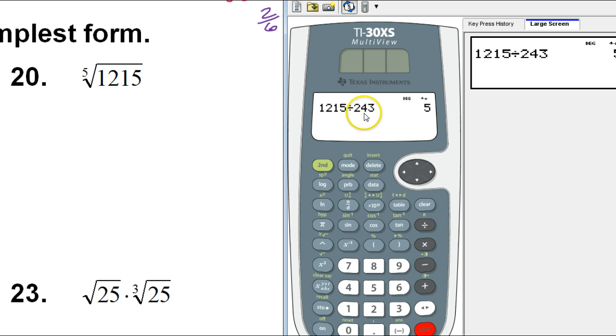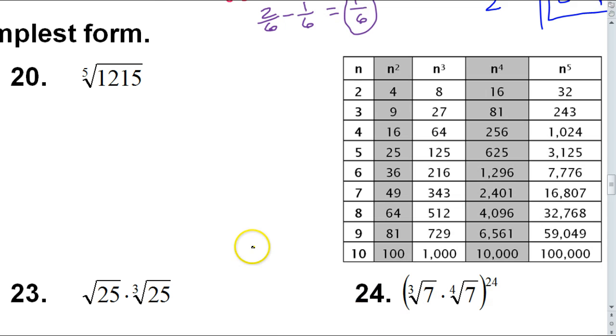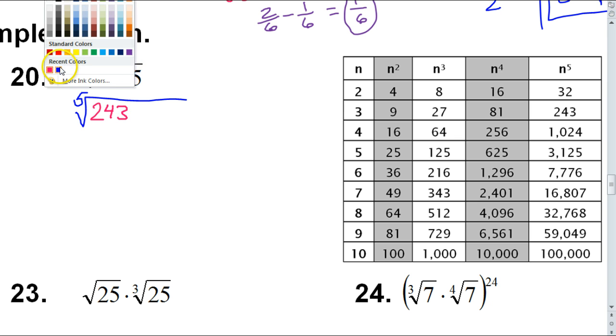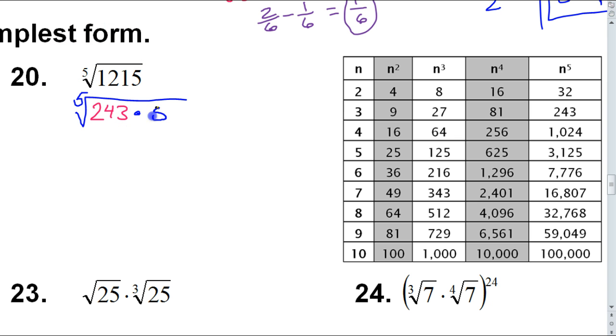Oh, okay, that worked right away. So that means this number can be rewritten as 243 times 5. So let's do that. So I can rewrite this as the fifth root of 243 times 5.